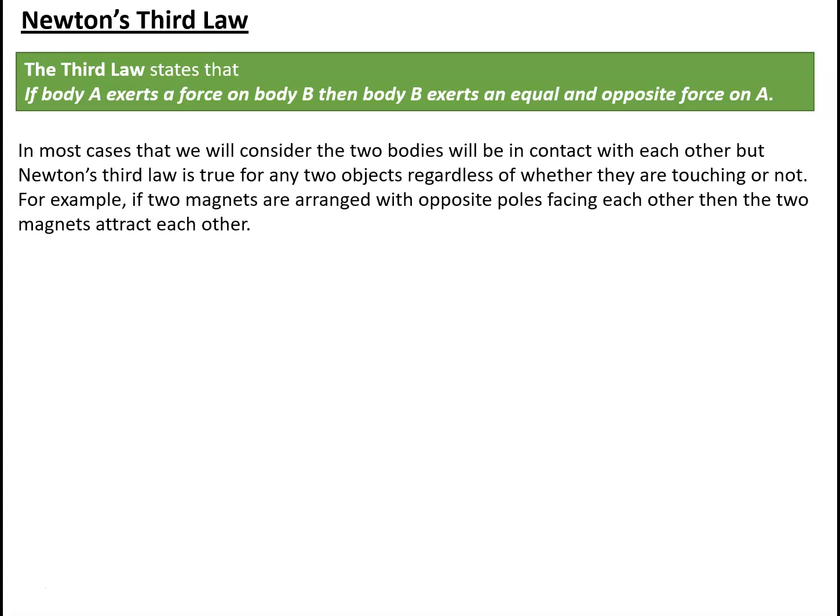Now often this is going to be when the two bodies are actually in contact with each other. But Newton's third law is also true for any two objects regardless of whether they are touching or not. As one example of this, just consider two magnets which are arranged with opposite poles facing each other.